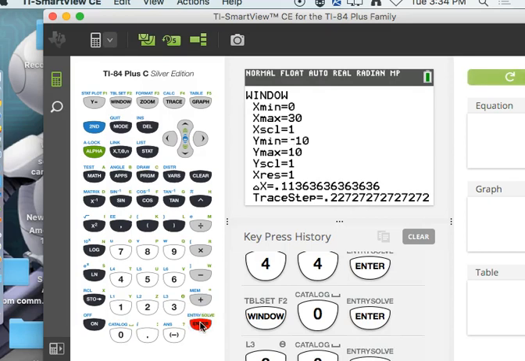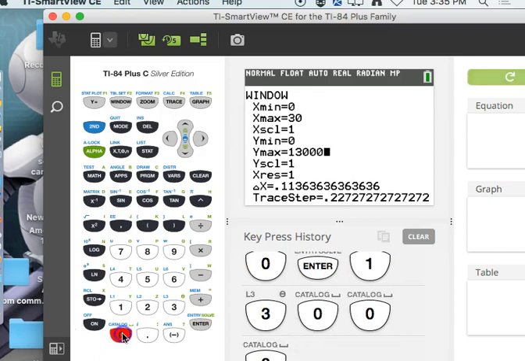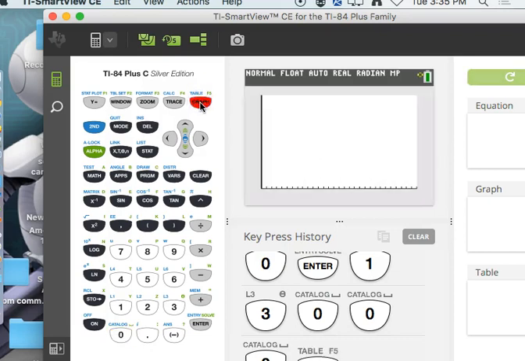And I know my y has to get to 12,000, but I don't even necessarily have to mess with that, because what I need to know is where it crosses the x-axis. But just to make this a little bit better for everybody, I'm going to go to 13,000, because that obviously is higher than 12,144. And hit graph.